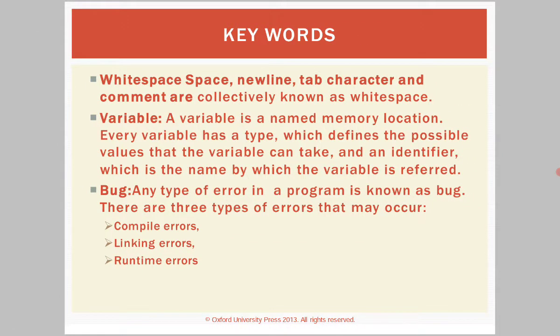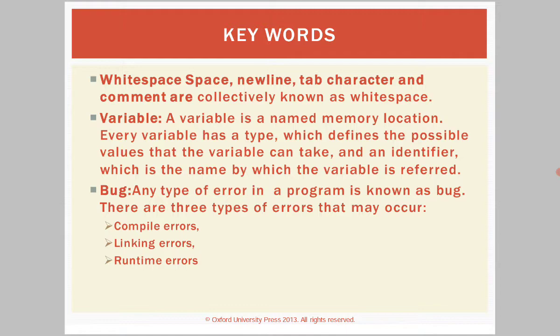White space, new line, tab character, and comments are all escape sequence characters. White spaces are generally used to insert some space or tabs in a program. New line simply inserts a new line character at the end of the line. Comments are used to write remarks to your program.